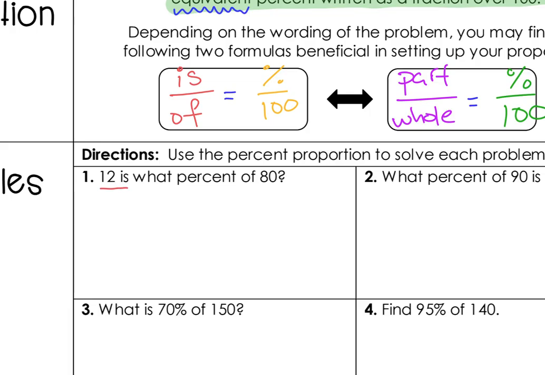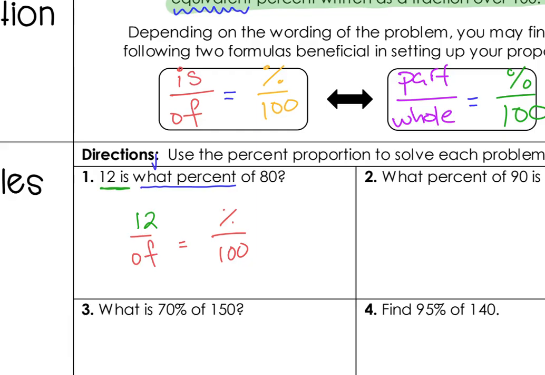12 is. Okay, so hang on. Let me go ahead and write is over of equals percent over 100. Is over of. Well, is going to go right here. In fact, I'm going to erase it and write it so it's all clean. Boom, 12 is what percent?